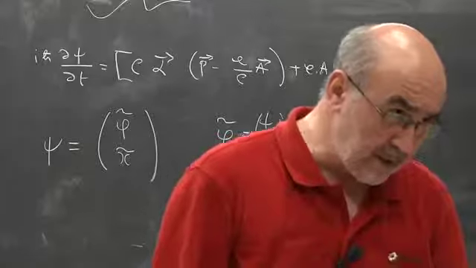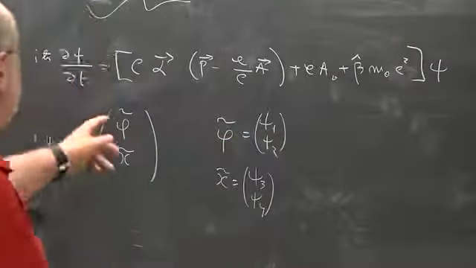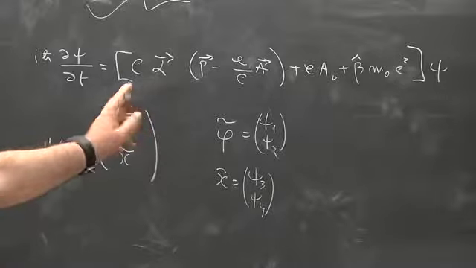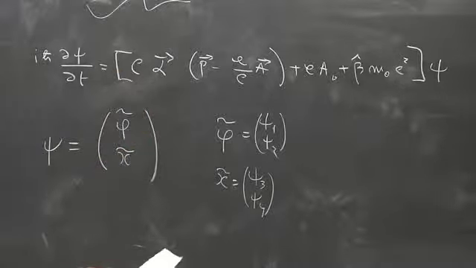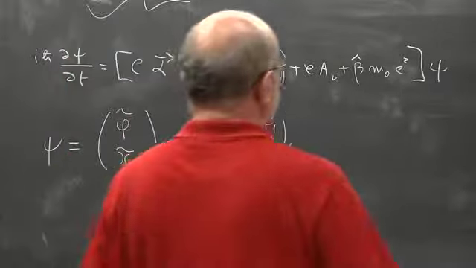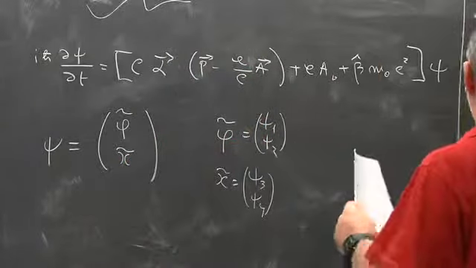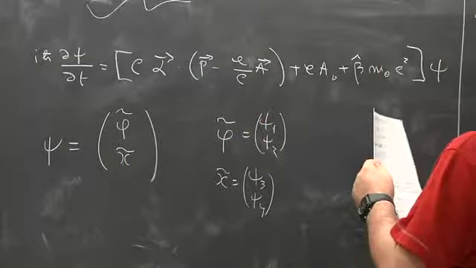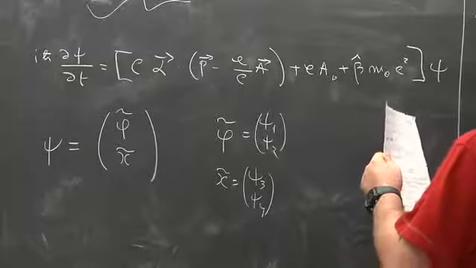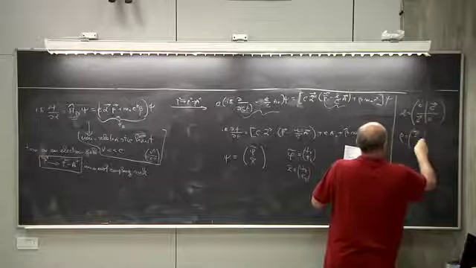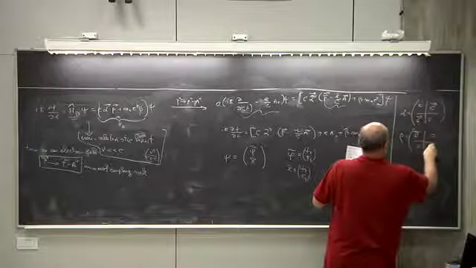I put a tilde because this φ and χ are not the ones of the first order formalism of the Klein-Gordon, okay? They are different objects. Let us remember also the form of α and β. α is 0, σ, σ, 0. These are the three sigma matrices. And β is identity, 0, 0, minus the identity.